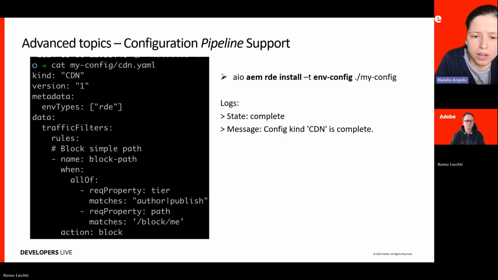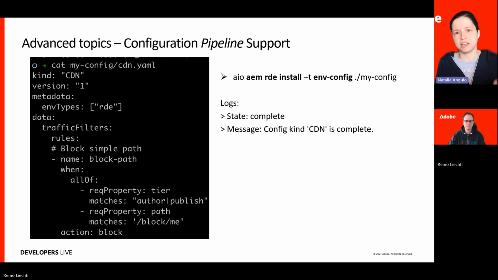We are going to block a path on the author and publish tiers, and then it's pretty straightforward because for the RDE case, we just need to run the command aio aem-rde install with the type env-config and point to the folder where our configuration files are living, these YAML files.